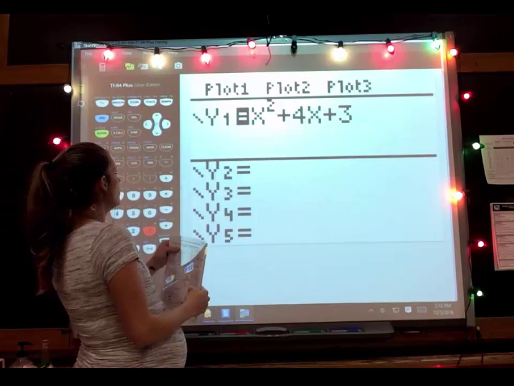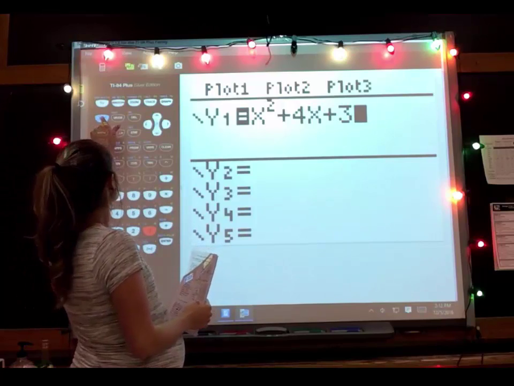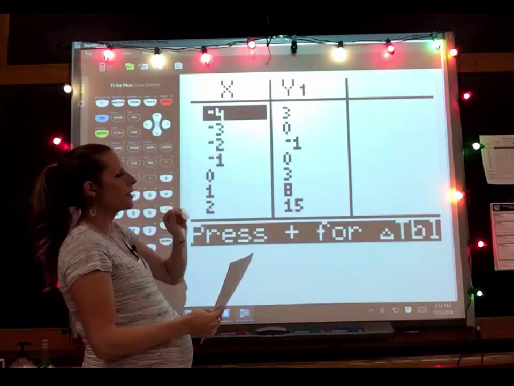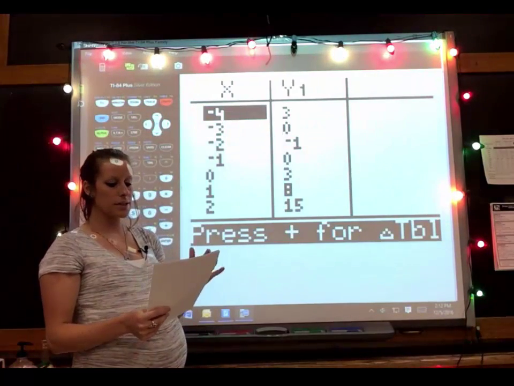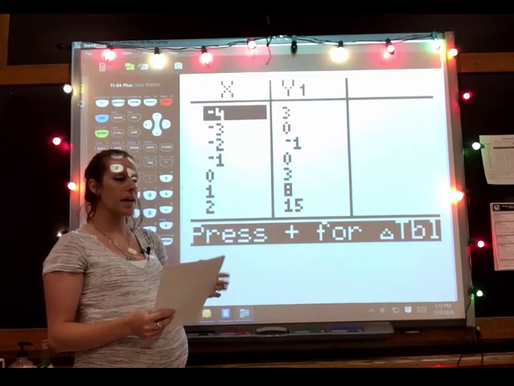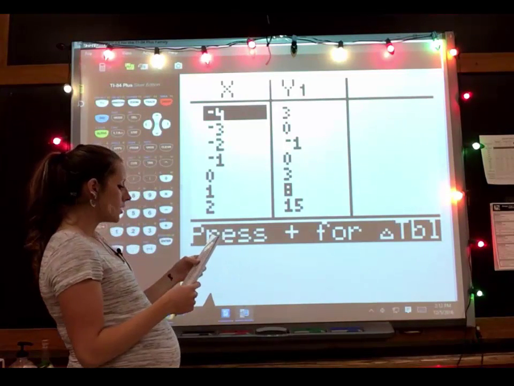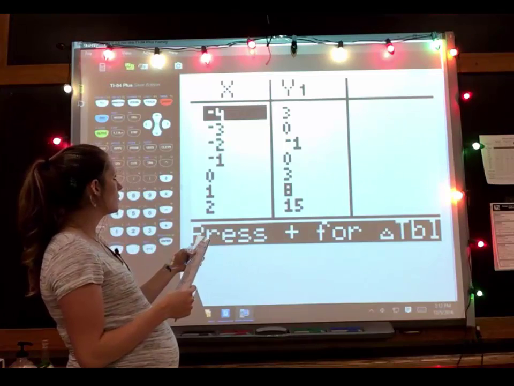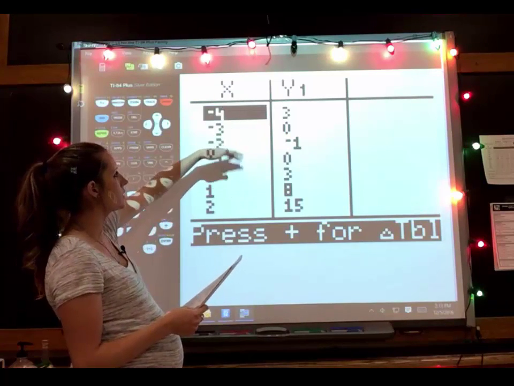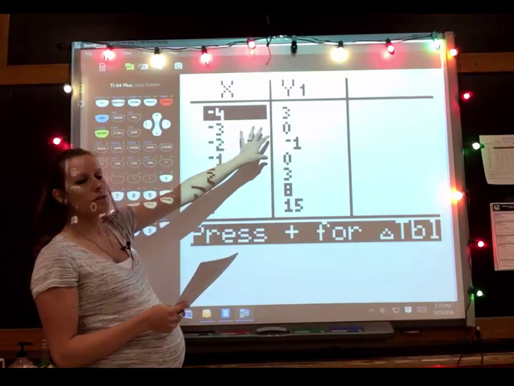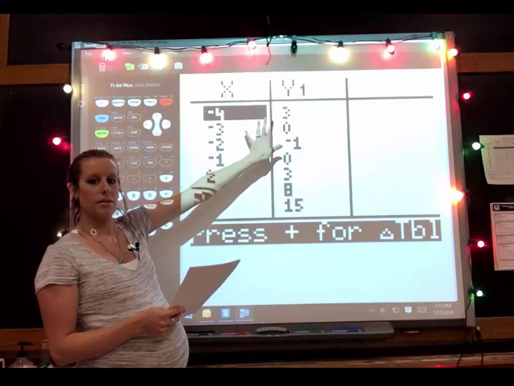Go to your table, second graph. Like we did yesterday, you want to see some points around the vertex, and our vertex is at -2. So you can kind of see what this parabola is doing. Let's go ahead and plot these points on your notes.